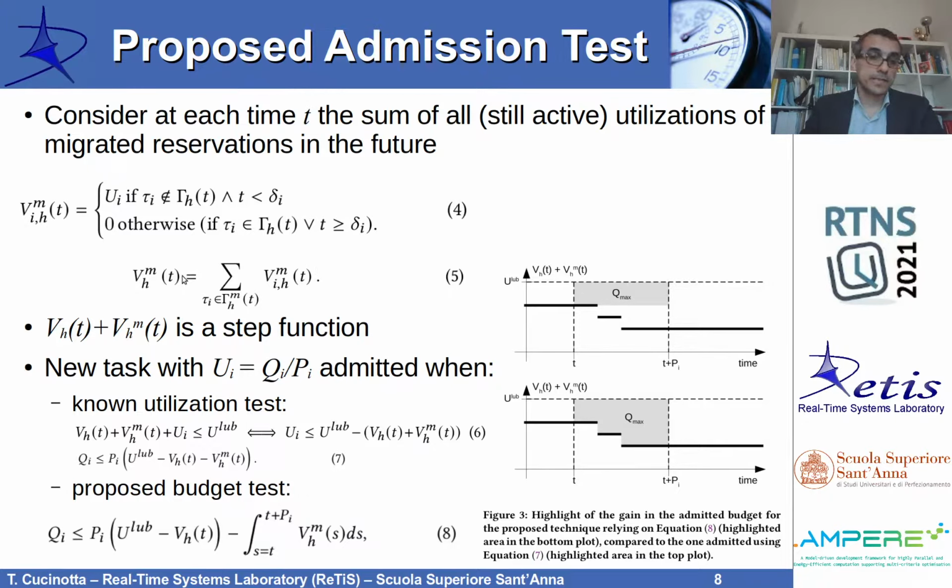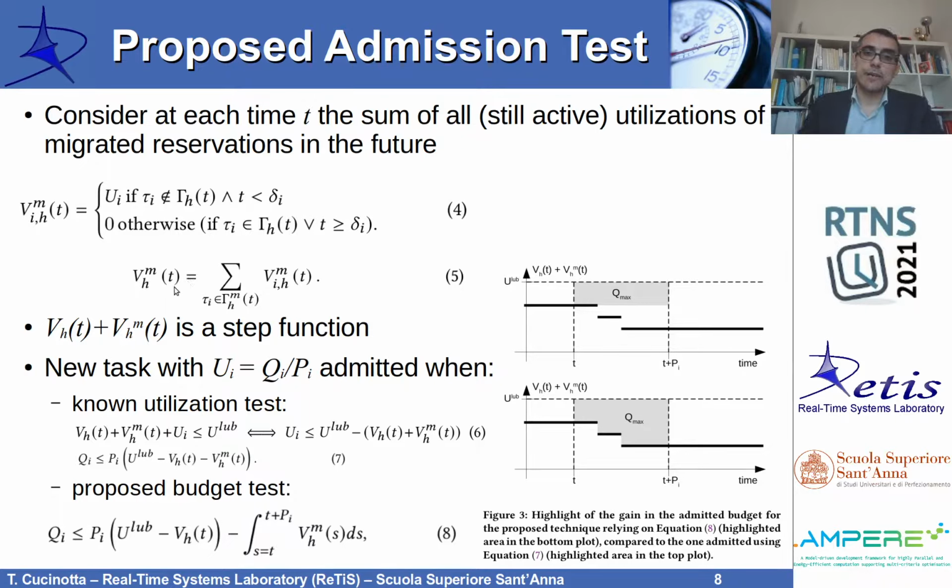From a practical standpoint, we don't need to remember the whole history of the system. This function can conveniently be stored by remembering only the tasks that recently left the CPU, and once we reach the current time, which is the delta_i of some of these tasks, we can forget about the task entirely.